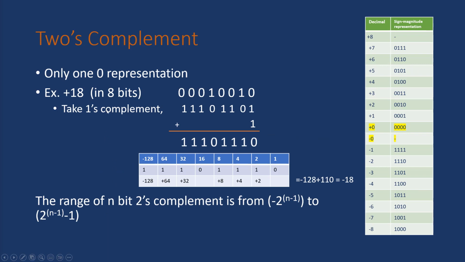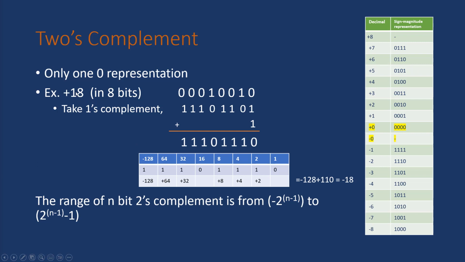The third option is 2's complement. The good part is this 2's complement only has one zero. You see here, this is only one zero, there is no negative zero here. How does that work?